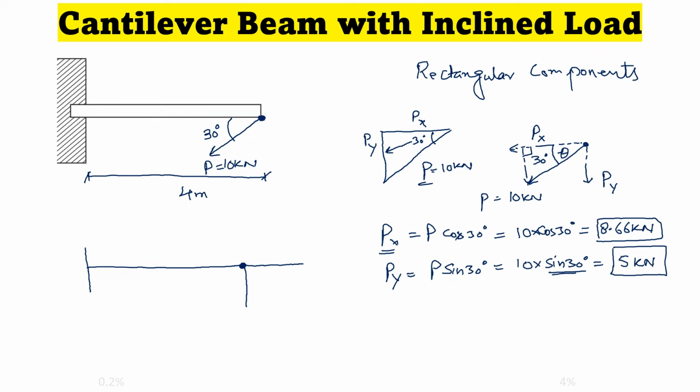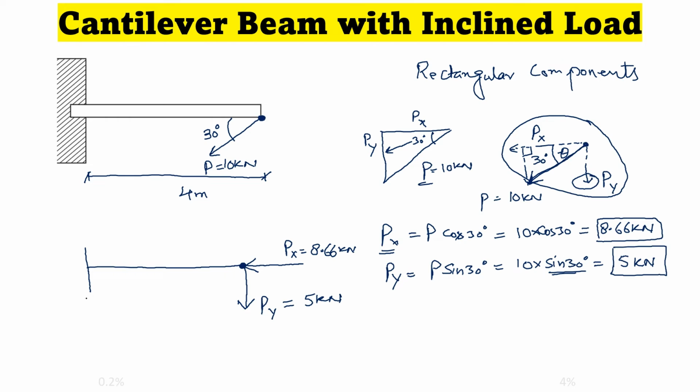Now go to your figure in which you distributed this load into rectangular components and see the arrowheads. Because this load is moving in this direction, the vertical will be downward and the horizontal will be leftwards. So the vertical force will be in the downward direction and the horizontal force will be in the leftward direction. So simply you will write Px is equal to 8.66 kilonewton and you will write Py as 5 kilonewton.